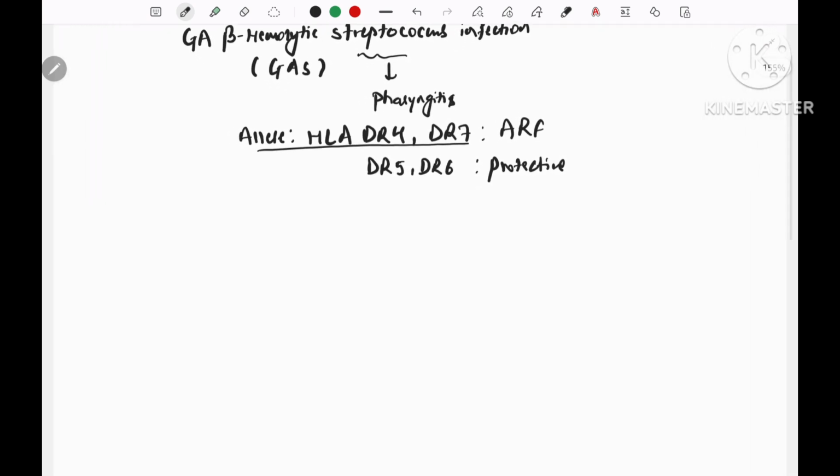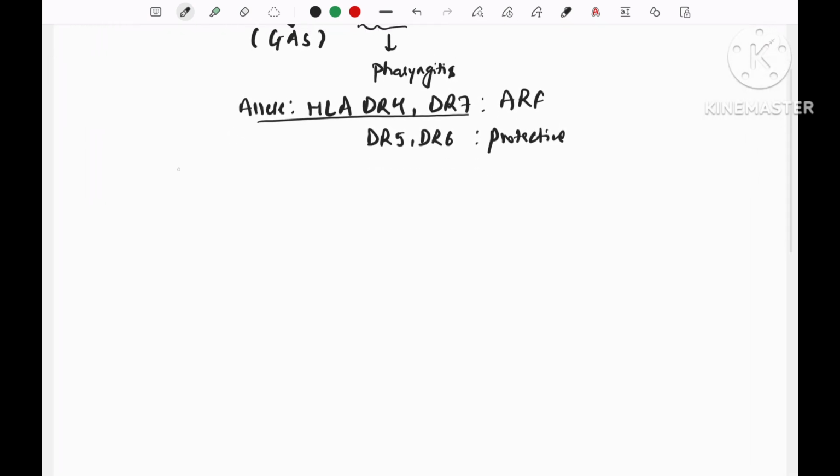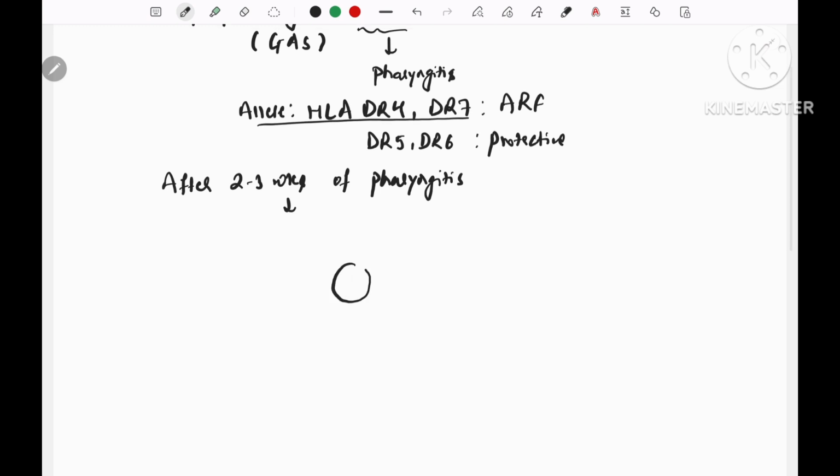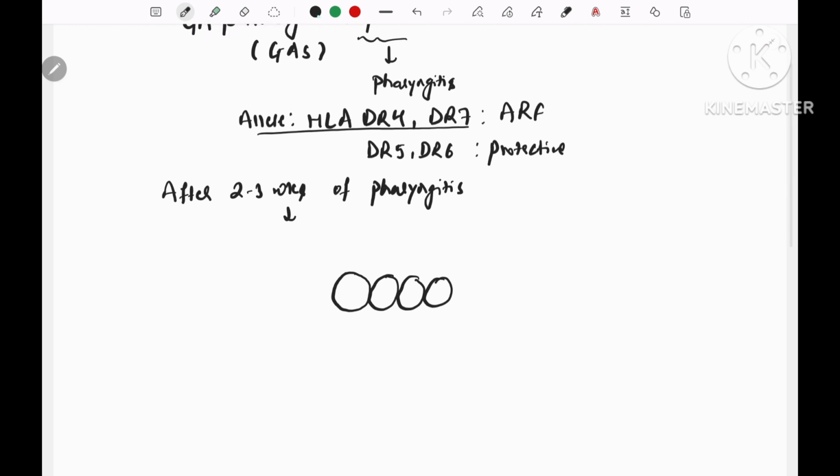And now, after 2 to 3 weeks of pharyngitis, what happens is that the streptococcus organism, and streptococcus means they are in groups, has proteins like M protein, and the cell wall of this organism has a carbohydrate, that is N-acetyl glucosamine.